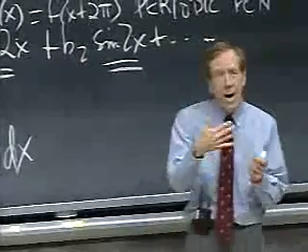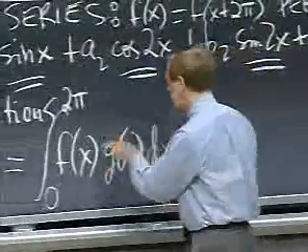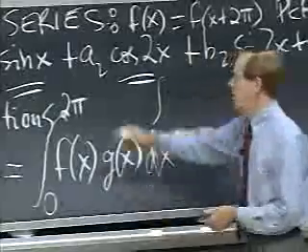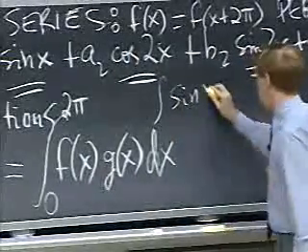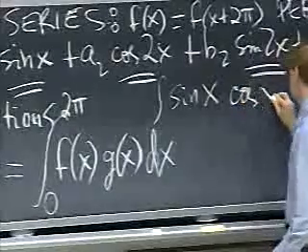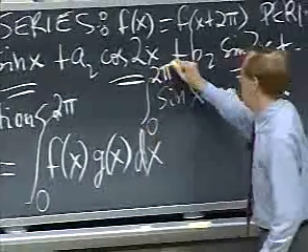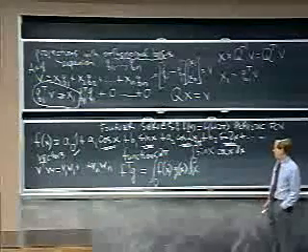Then I have the idea of orthogonality, because actually, let's just check. If I take the integral of sine x times cos x dx from 0 to 2 pi, I think we get 0.